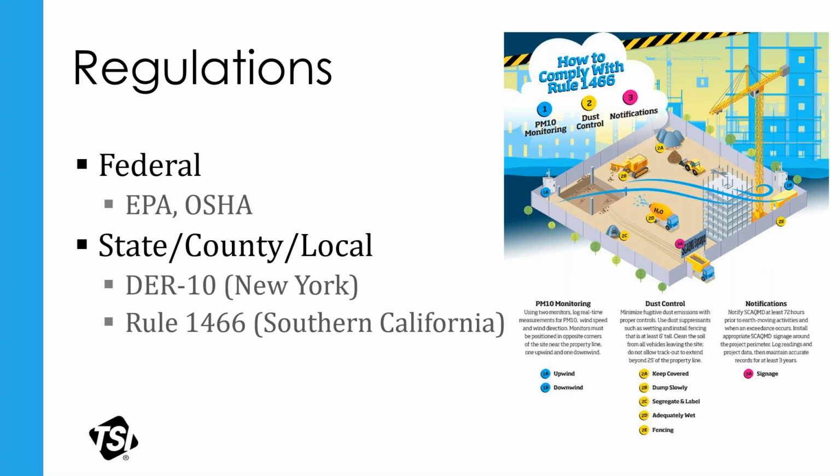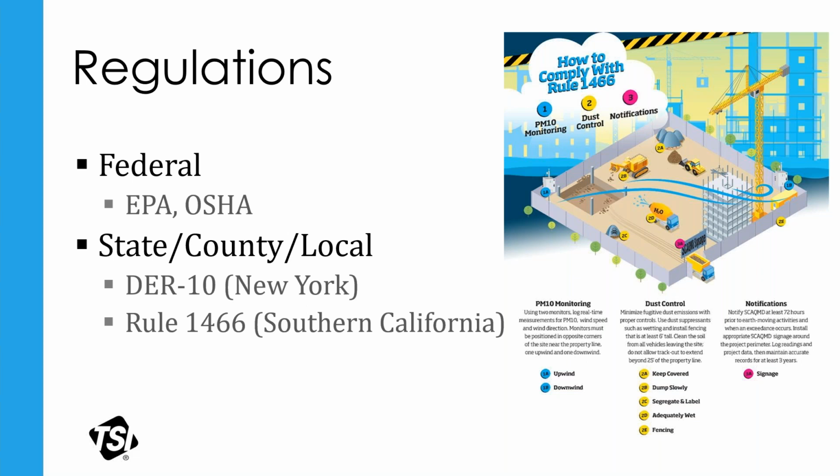A couple of the larger ones: Rule 403 in New York. I think that combines both dust, and I think they have some VOC requirements as well. And I think once they hit like 150 micrograms for PM10, they have to take some actions. Similar with Rule 1466 in Southern California for monitoring PM10.